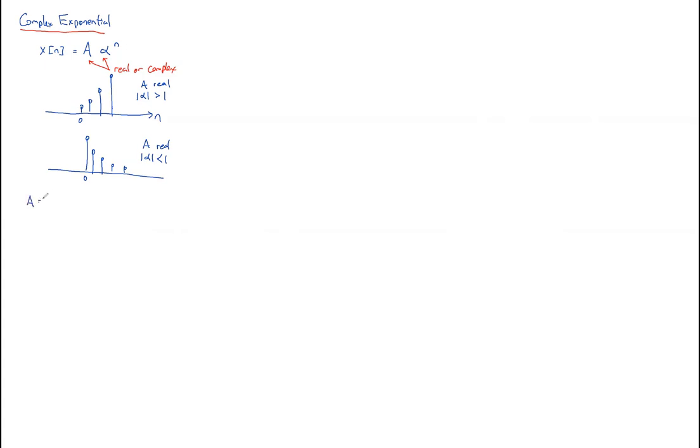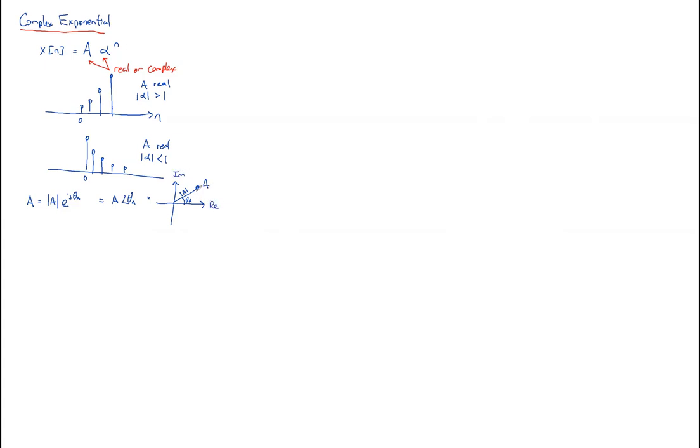In general, if A is complex, it can be written as having a magnitude of magnitude A and a phase of theta sub A. So we could write it in phasor notation as A at an angle of theta sub A. You can think about it on the complex plane as having an angle of theta sub A and a magnitude of A. And then this is the point in the complex plane where this is the real part and this is the imaginary part.